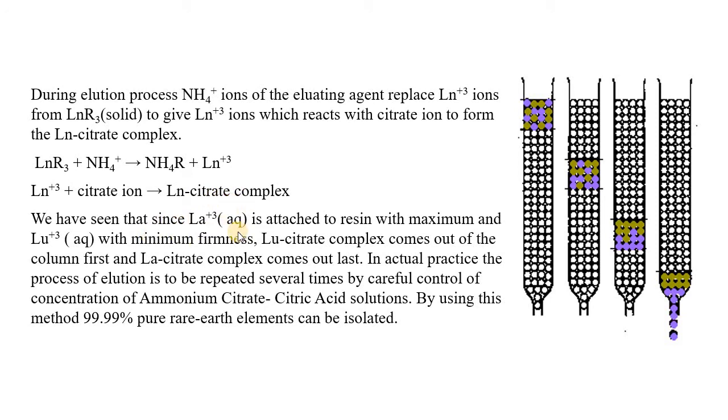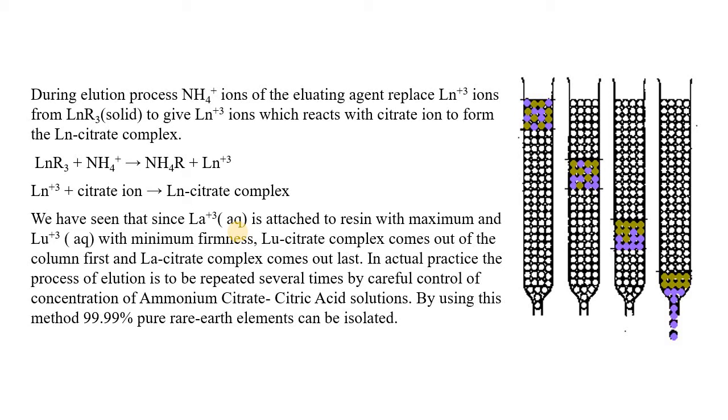Now, the lanthanide ions attached to the resin have different firmness. The ion which has minimum firmness of attachment, adsorption, will come out first, and the ion which has maximum firmness of attachment with the ion exchanger packed in the column comes out last.